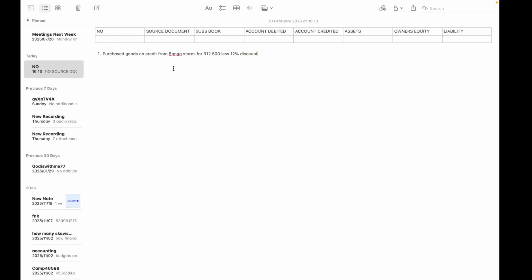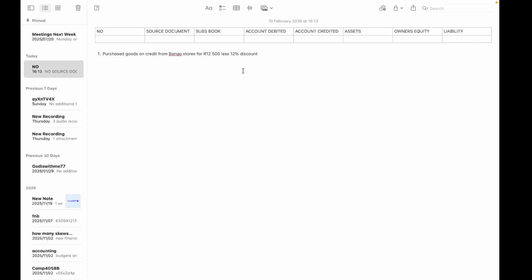So here we have a transaction where we purchased goods on credit from Bango stores, 12,500. Okay, we purchased goods on credit, right?